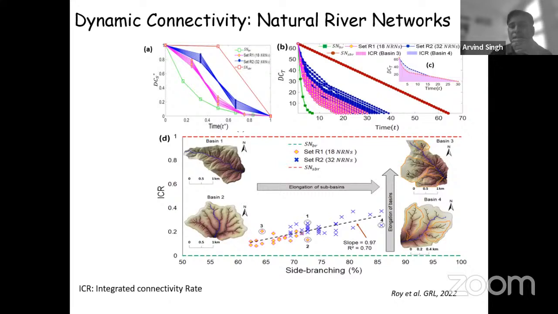We observe that in these cases the subbasins are more elongated as compared to the basins. In other words, the subbasins get elongated if we increase the side branching much more, keeping the same ICR.